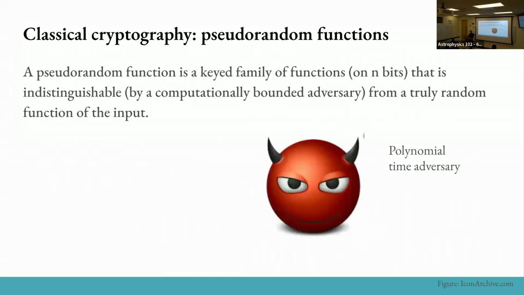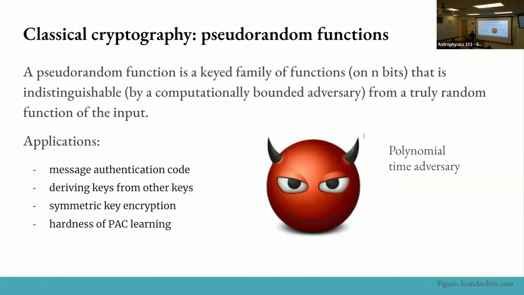By indistinguishable, I mean that there's some adversary sitting on the internet, hacking your computer or whatever, reading your messages, and it has access to polynomial resources, but nothing unreasonable. It doesn't have infinite time. That's what I mean by a polynomial time adversary, and I'll use this symbol again to represent a polynomial time adversary.